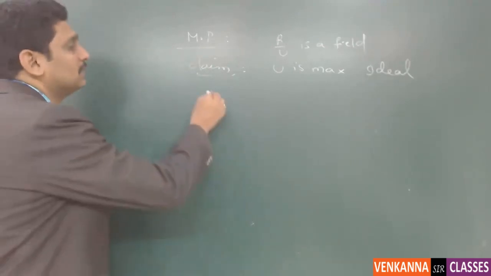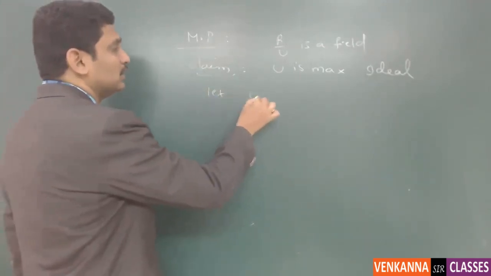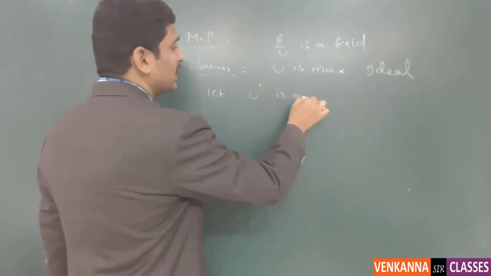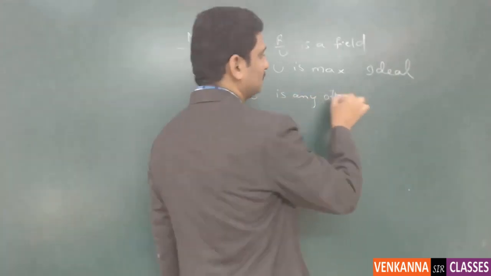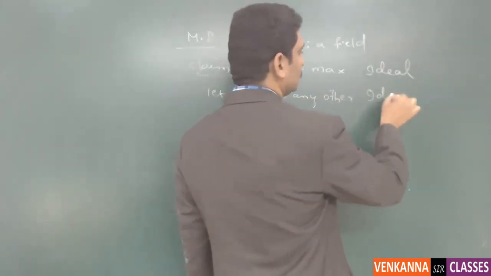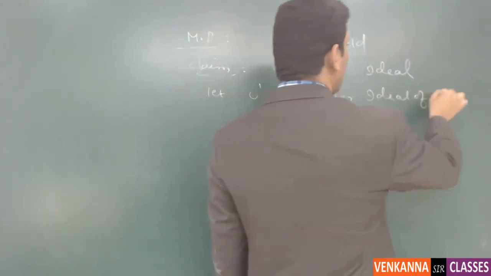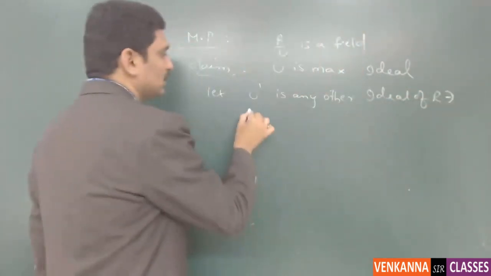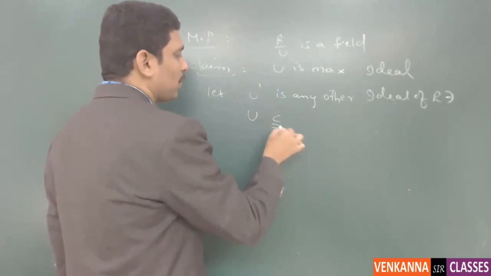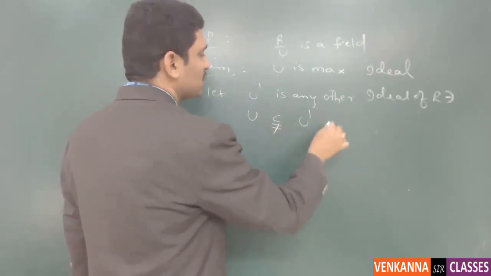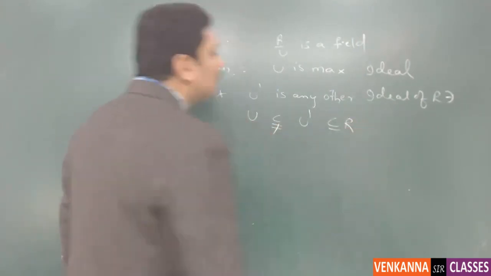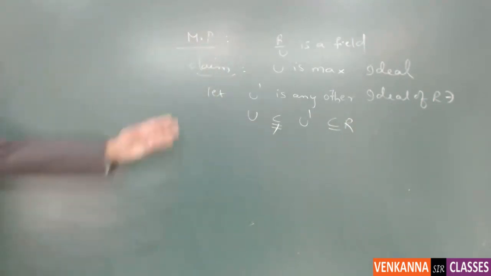For this, let us take that u dash is any other ideal of R such that U is a proper subset of u dash, which is a subset of R. Let us take like this.